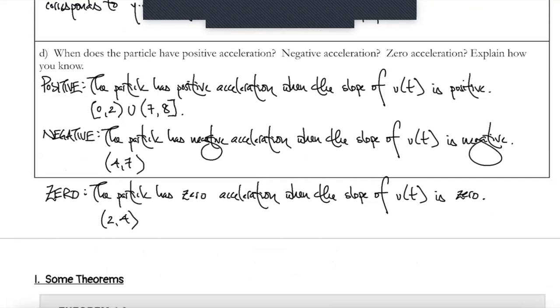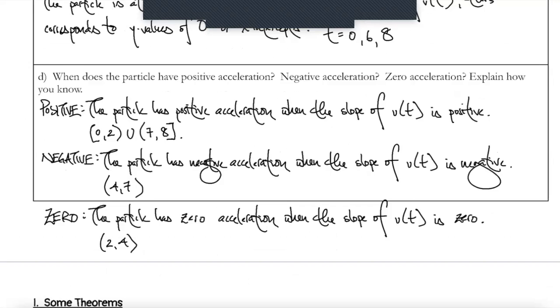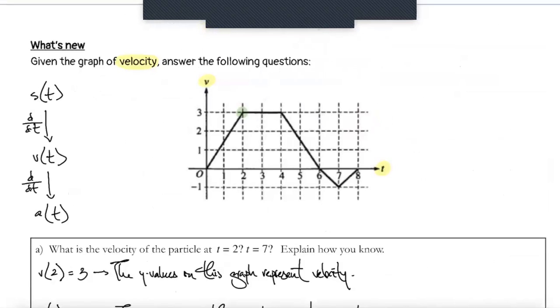There is a graph which slightly changes at point x equal to 6. Does it influence somehow our answers? Like, can I write 4 to 6 and then 6, 7? Well, it depends what you're looking for.